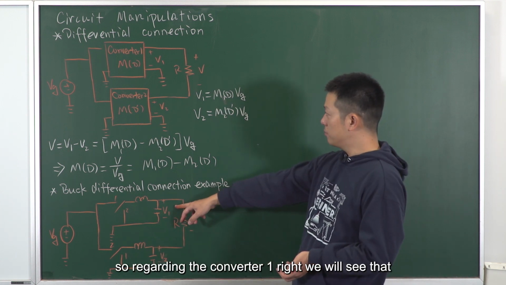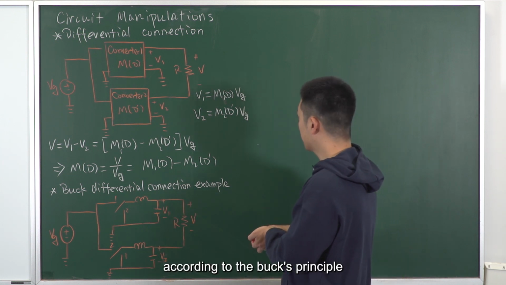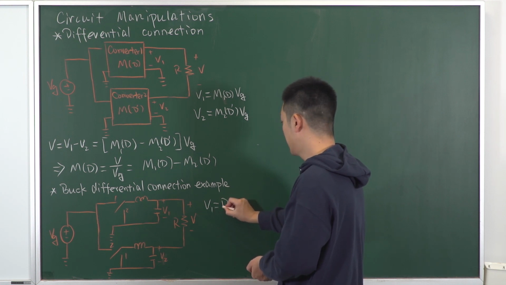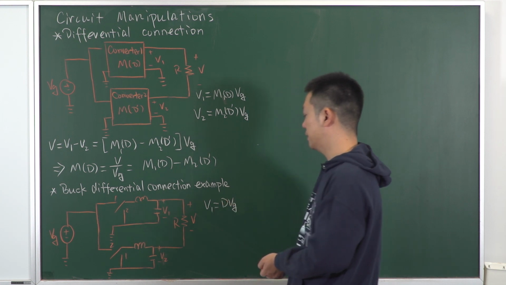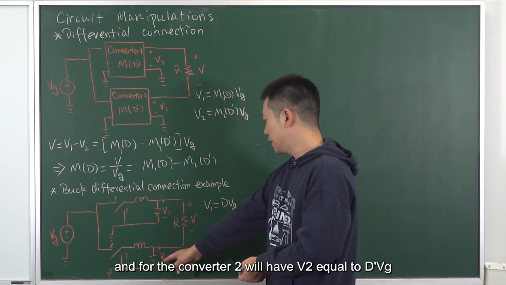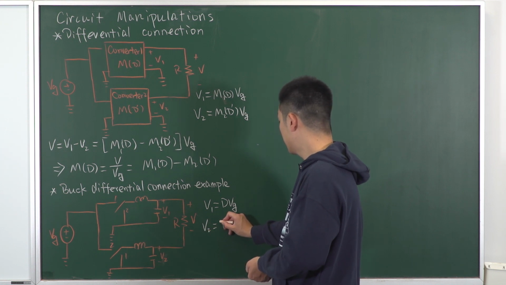Regarding converter 1, according to the buck's principle, V1 equals D times the input voltage. And for converter 2, we have V2 equals D prime Vg.